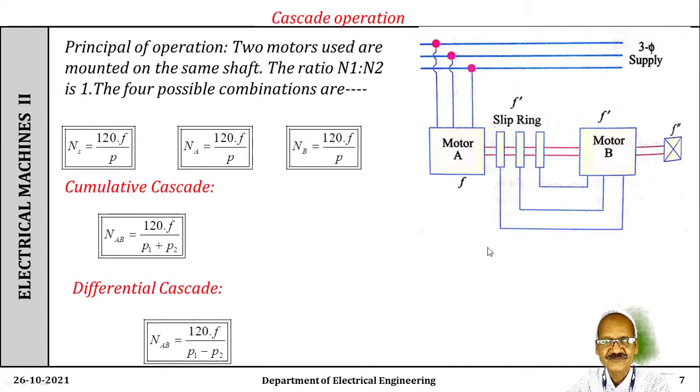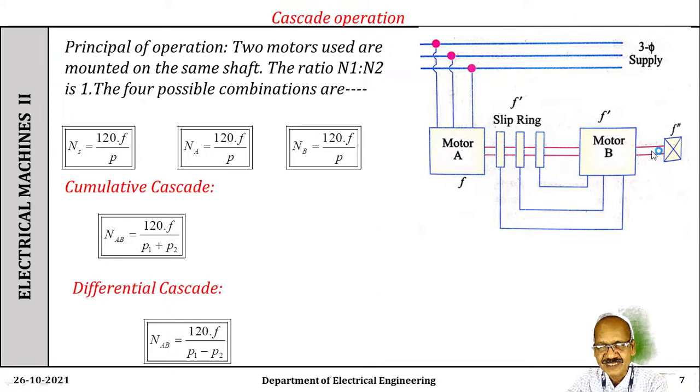Okay, so what happens here? When the supply is fed to the stator winding of the motor A, it will generate the EMF across the slip rings. At the time of starting, the frequency of this EMF induced at the slip rings is the same as that of the supply frequency, and it is fed to the stator winding of the motor B. And they are on the same shaft.